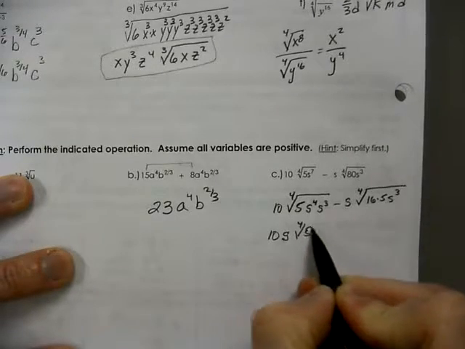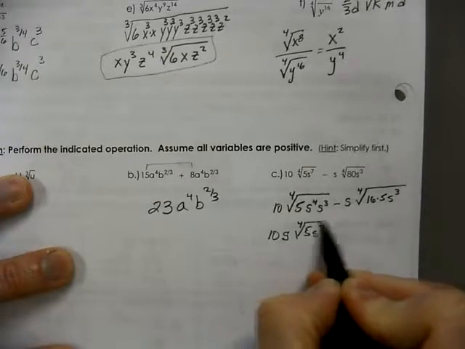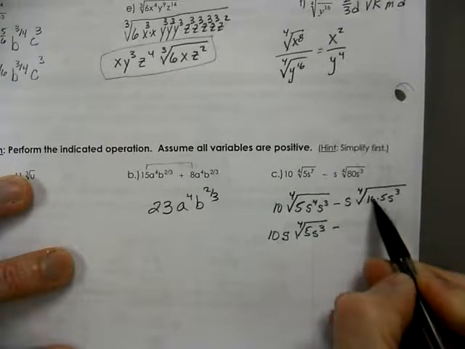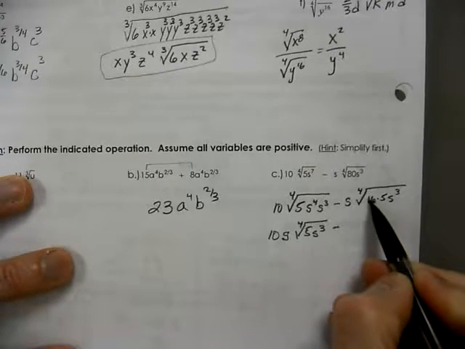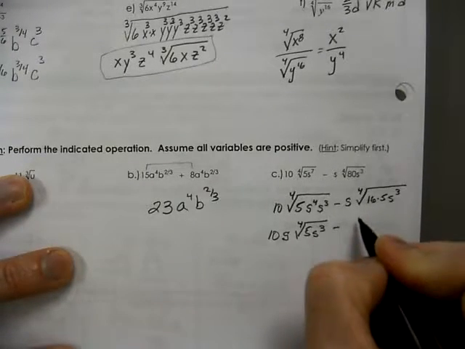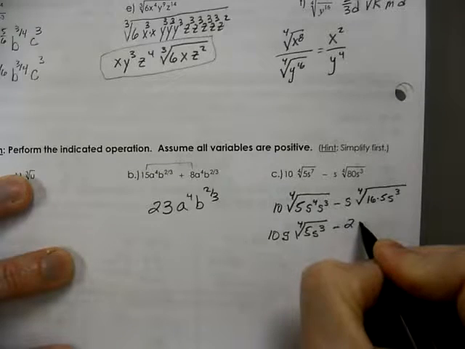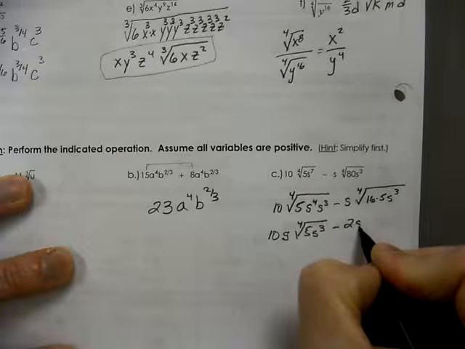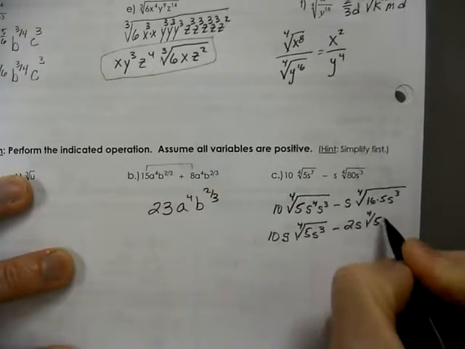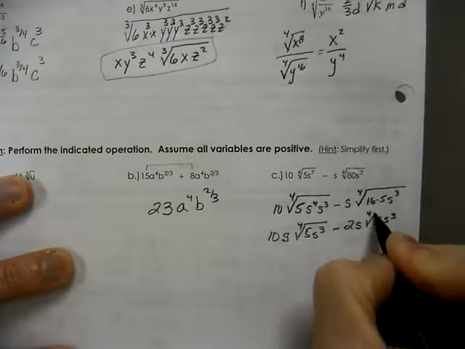And we're left with 5 s cubed. 16 is broken down into 2 times 2 times 2 times 2. So there's 4 2's in that. We're left with 5 and an s cubed.